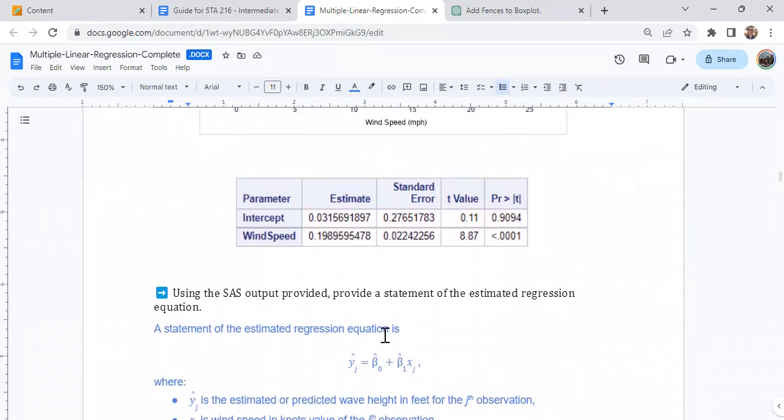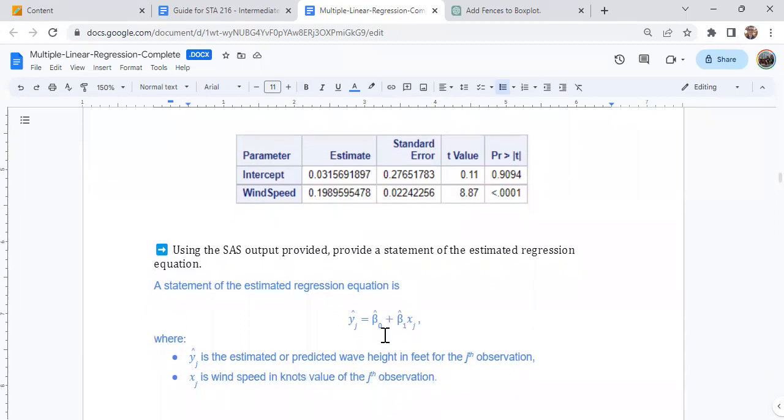And then we'll give the estimated regression coefficients as well. So what should we replace beta not hat with based on the output? Yeah, the estimated intercept.